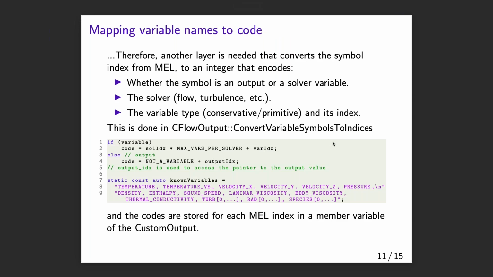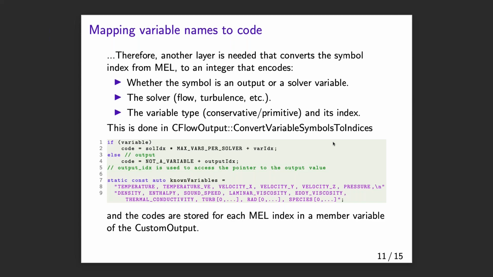So continuing on the problem of mapping variables to code. We need another layer where we take the symbol index that we got from parsing the expression to some other integer that encodes whether this symbol is an output or a solver variable. If it is a solver variable, what solver does it correspond to?